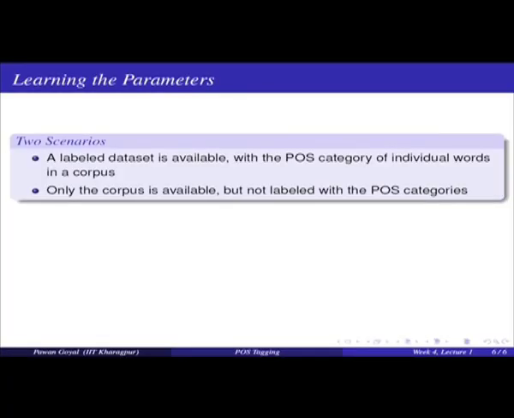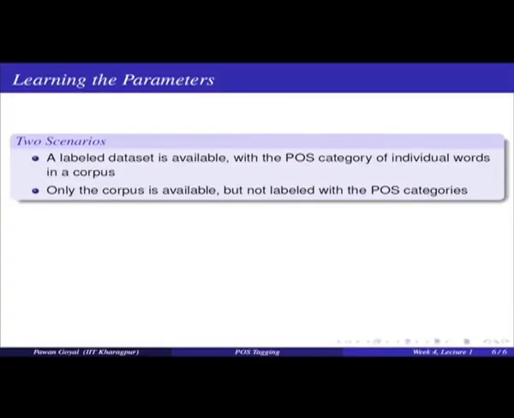The first scenario is where a labeled data set is available. What do you mean by a labeled data set? You have a set of sentences available to you. For each sentence, you also know the actual part of speech tag sequence, that is, the part of speech tag for each individual word. Somebody has manually labeled it for you. So this is a labeled data set.